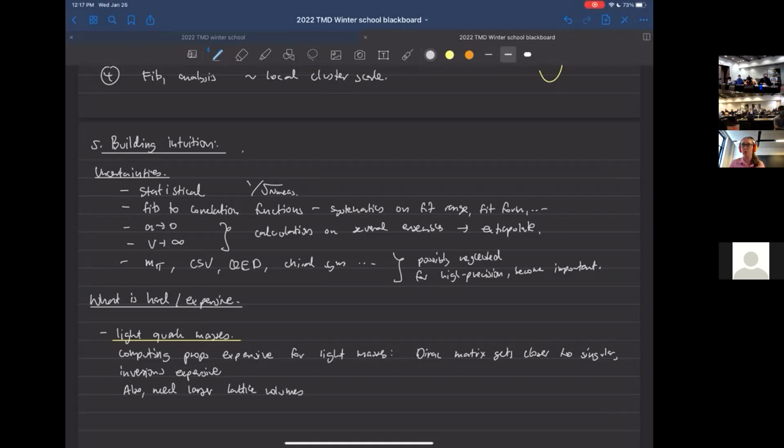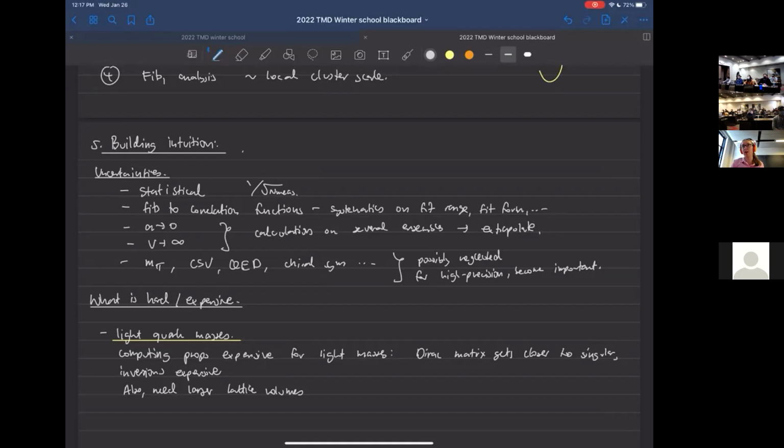Bigger box sizes relative to the size of your finite volume effects from having a finite box size. If the particle can tell it's in a finite volume, is that what you're saying? Yeah, basically. So the finite volume effects are set by the longest correlation length, right? So a lighter particle has a longer correlation length. And so then the finite volume effects get bigger when your quark mass gets lighter for a fixed volume.